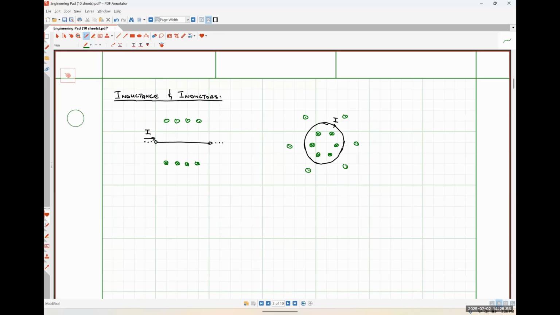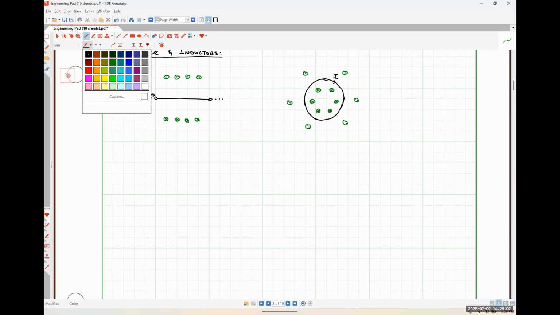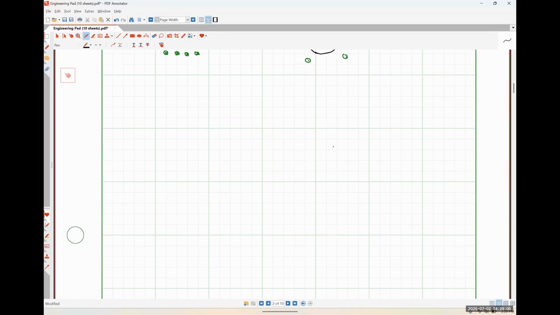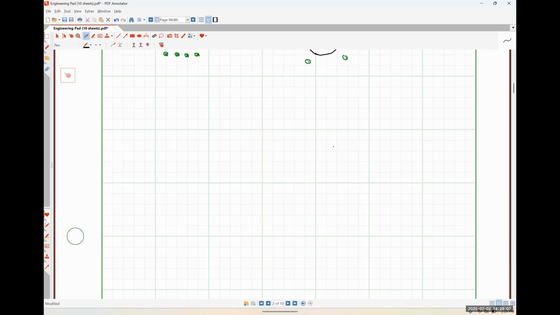So now I want to introduce you guys to an inductor. I'm going to start by drawing what's called a solenoidal coil. The first thing I'm going to draw is kind of like a form for us to wrap our coil around.